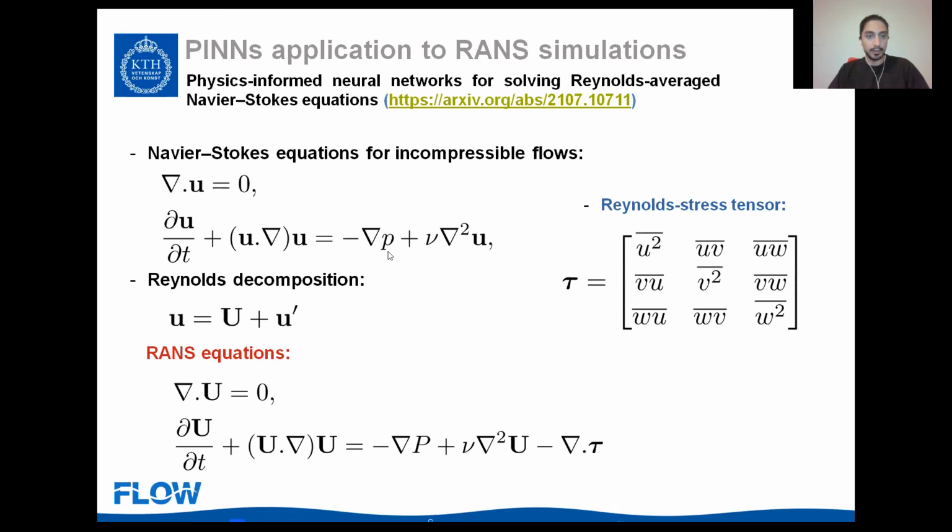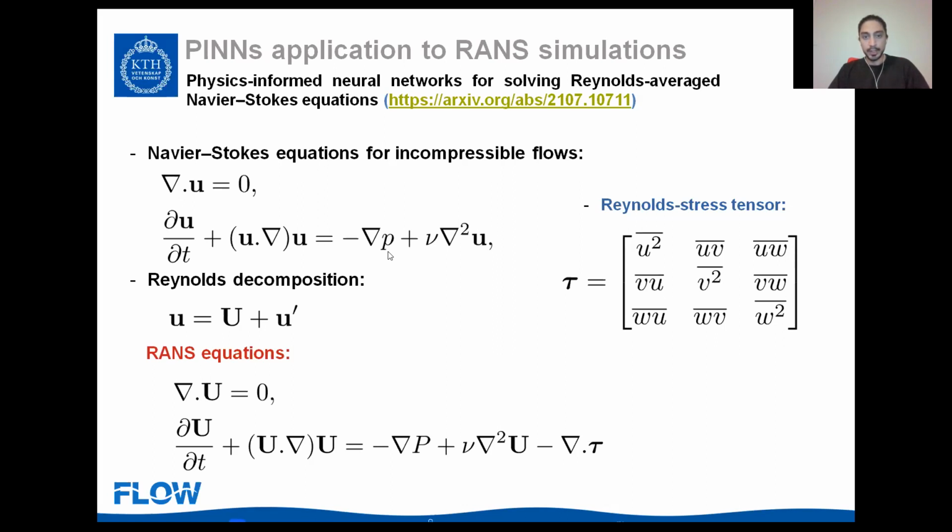So if we decompose the velocity and also pressure to mean values and the fluctuating parts, so this is the Reynolds decomposition, and impose it to the Navier-Stokes equations, we will obtain the RANS equations. So all these fluctuating parts would be gathered in just one term called the Reynolds stress tensor.